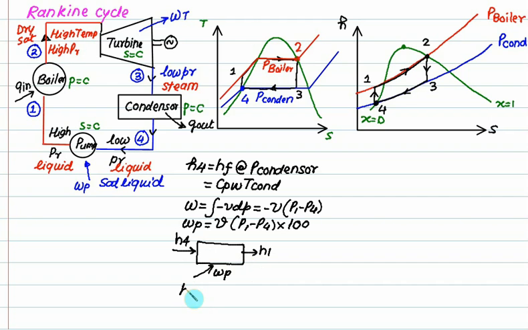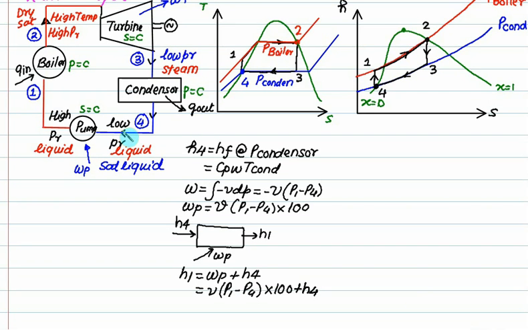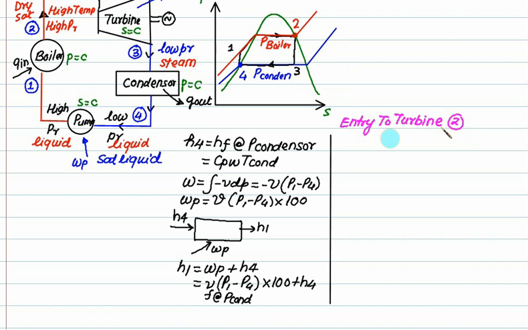So we can calculate the value of H1 equals W of pump plus H4, but W of pump was given as V into P1 minus P4, and I have to take the V at point number 4. So this one is Vf at condenser pressure, and this condition is normally mentioned to you whether it is dry.